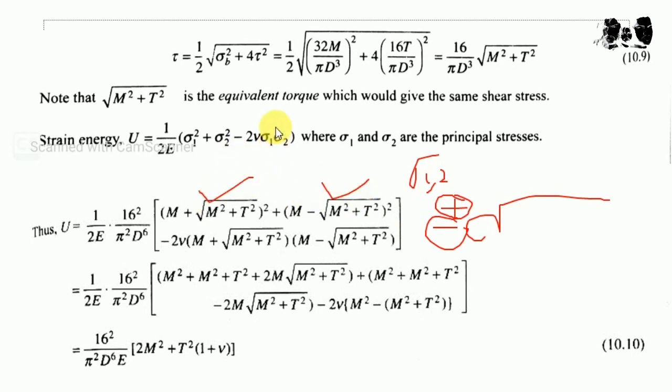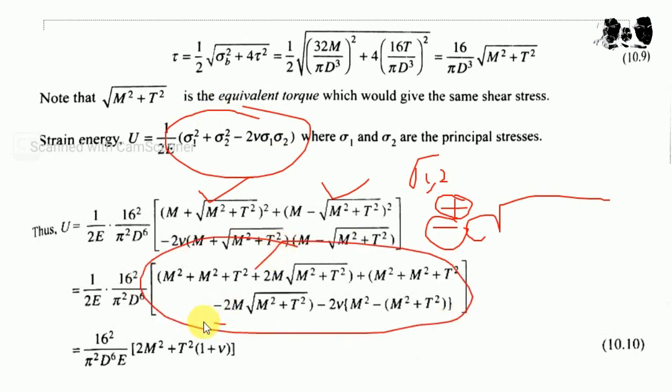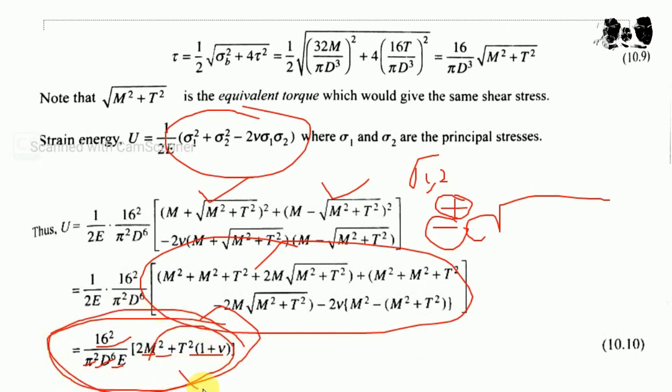By placing these two values in here and solving, we have the final equation, which is 16 square upon pi square d power 6 E, 2M square plus T square, bracket 1 plus nu. So this is the shear strain energy equation.